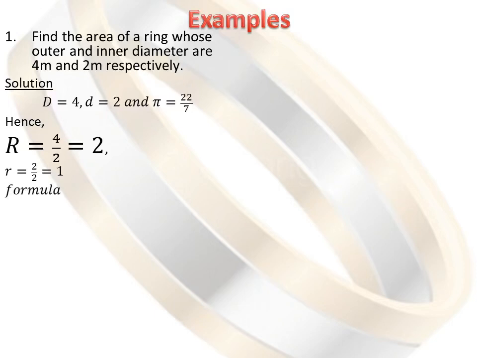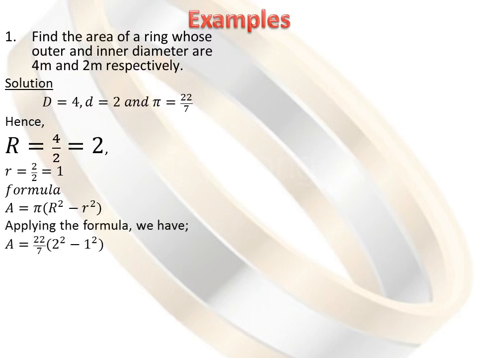So the formula for area of a ring is A is equal to pi into bracket bigger R squared minus smaller r squared. So applying the formula, we have A is equal to 22/7, of course that's our pi, into bracket 2 squared minus 1 squared.